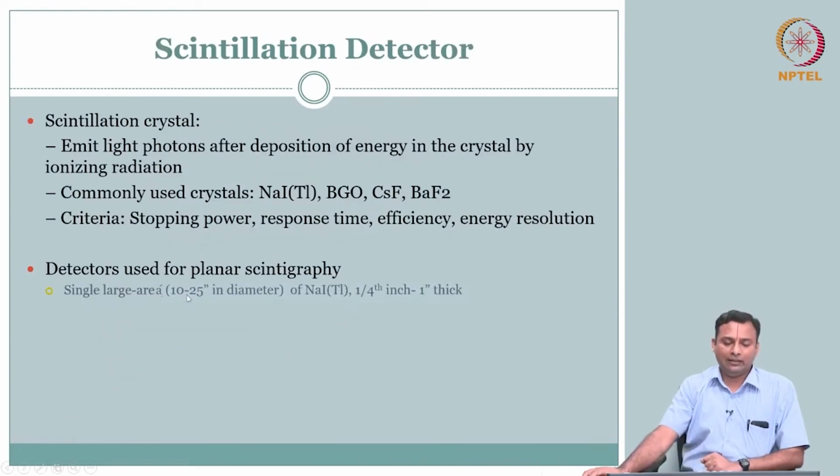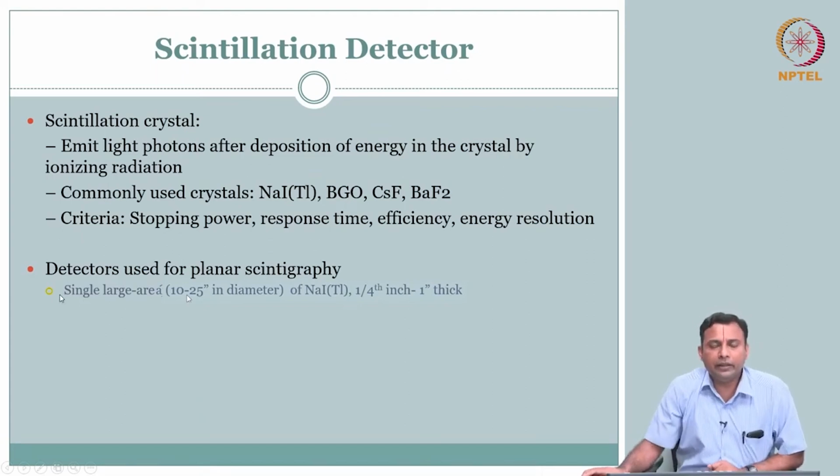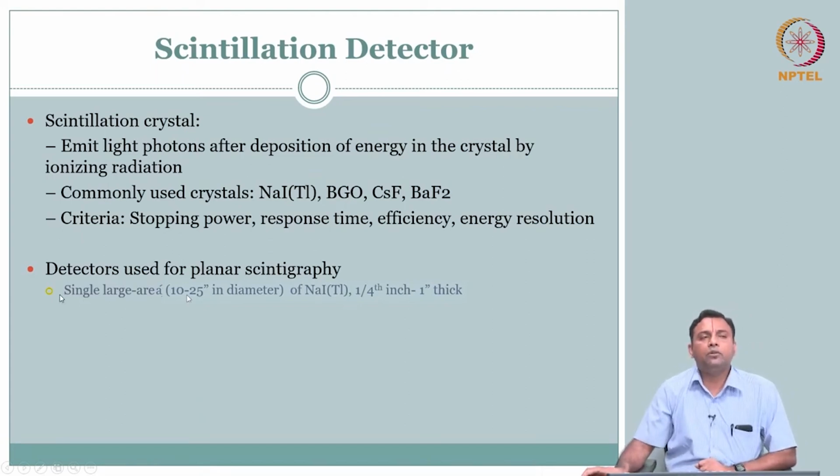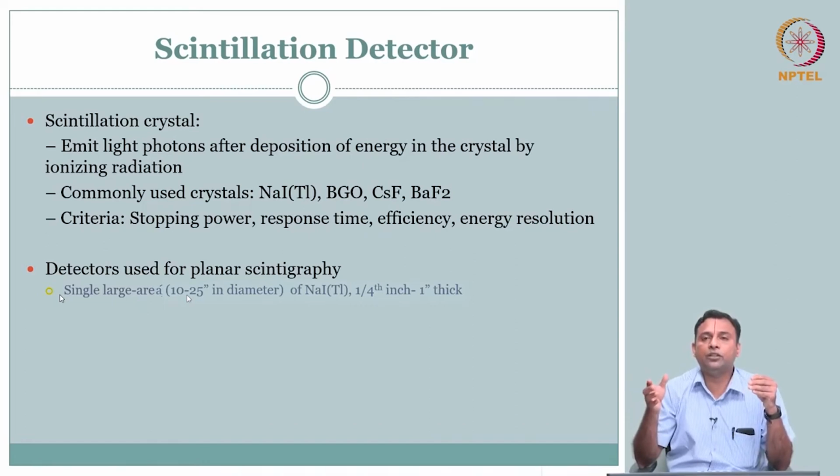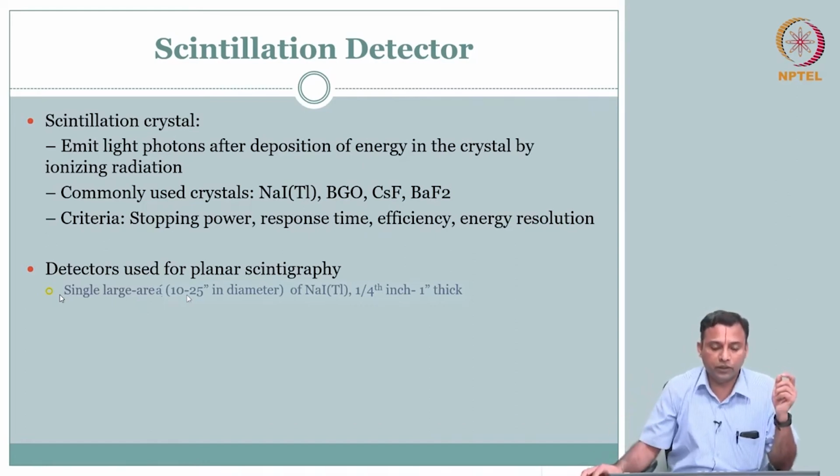Scintillation detector: if you really think about it, it's very similar to the intensifying screens in X-ray. What was the objective there? Convert the X-ray photons into visible photons. So here you have a scintillation crystal.